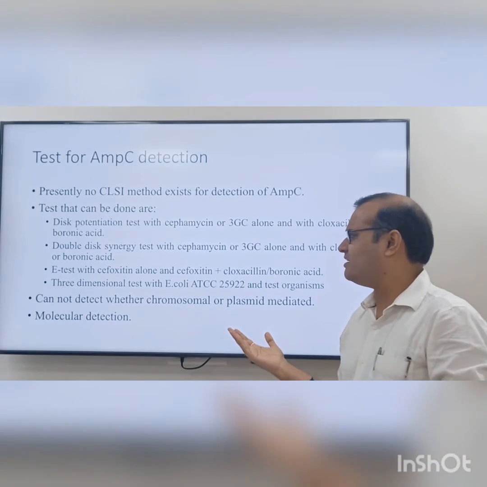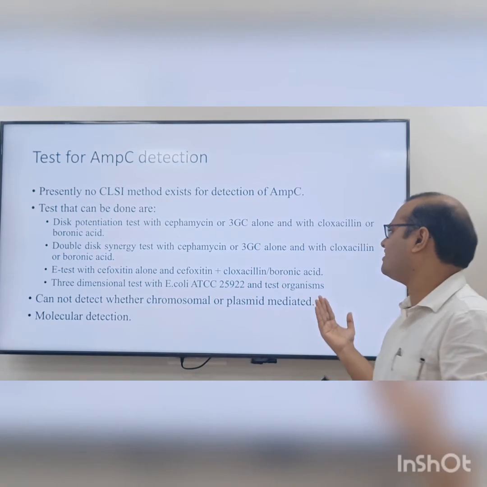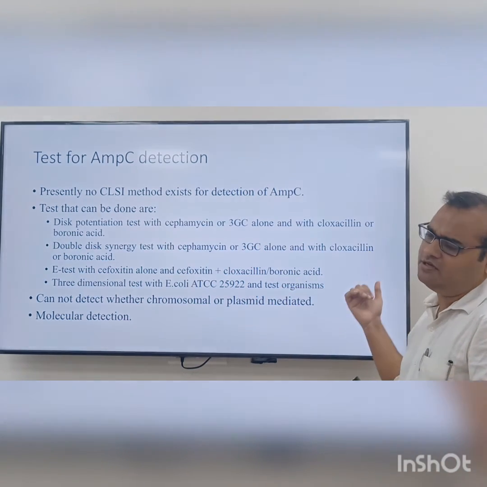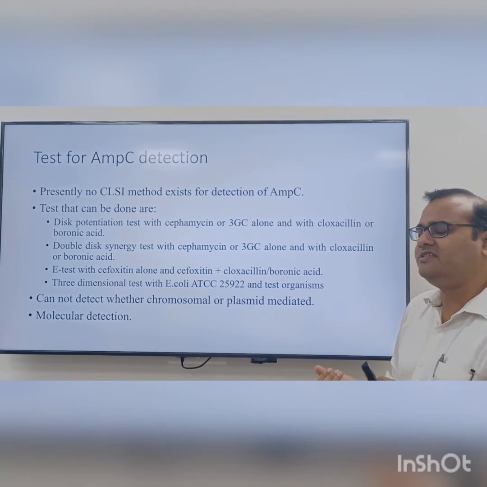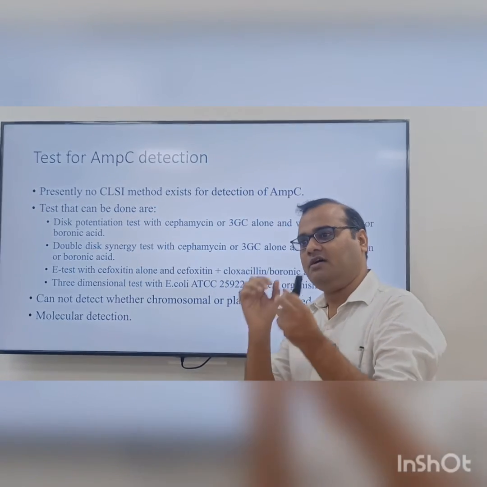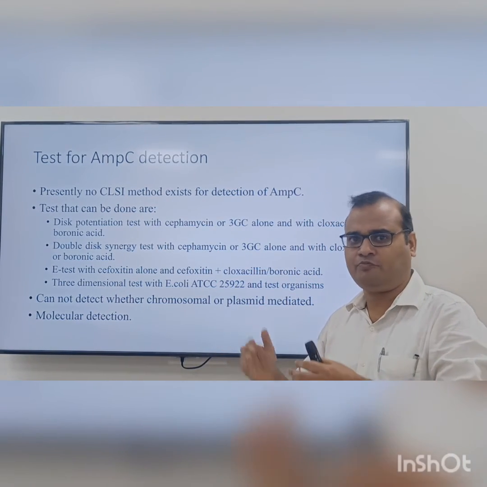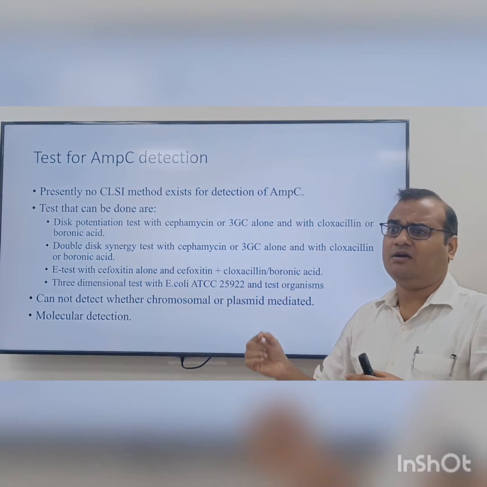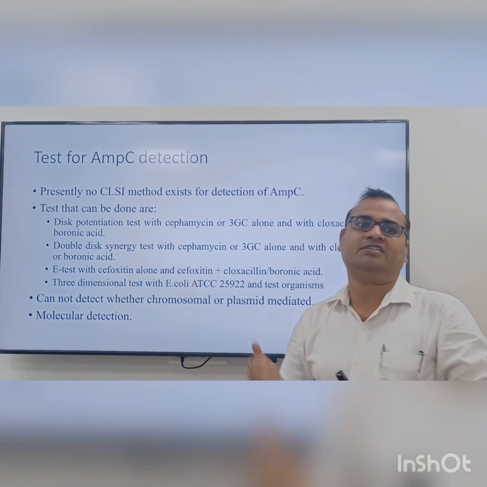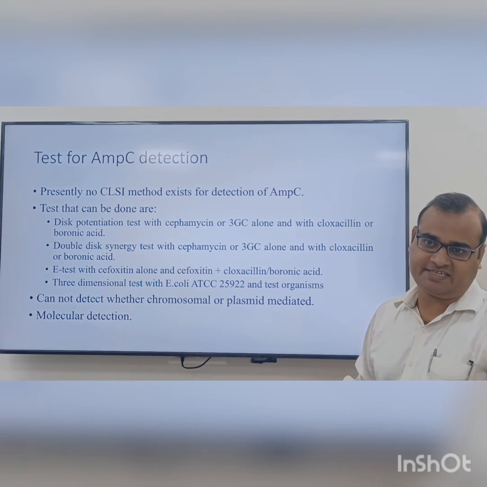Second is the double disc synergy test, again with a cephamycin or third generation cephalosporin alone and with cloxacillin or boronic acid. Here, next to the cefoxitin disc or third generation cephalosporin disc, we place another blank disc and charge it with either cloxacillin or boronic acid.